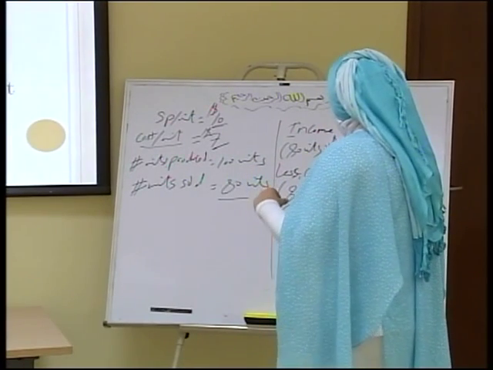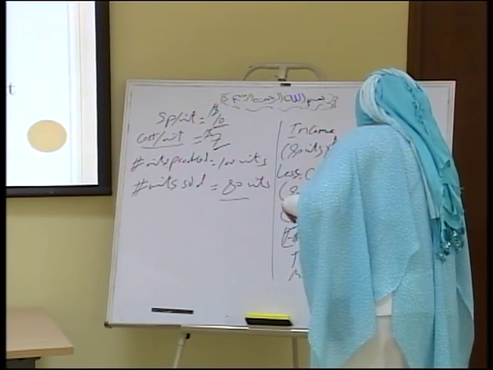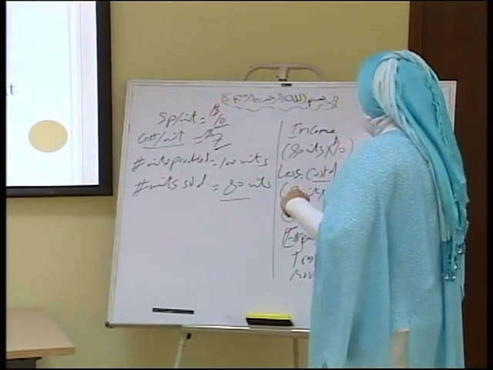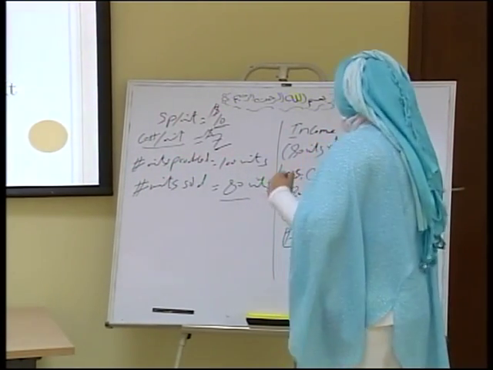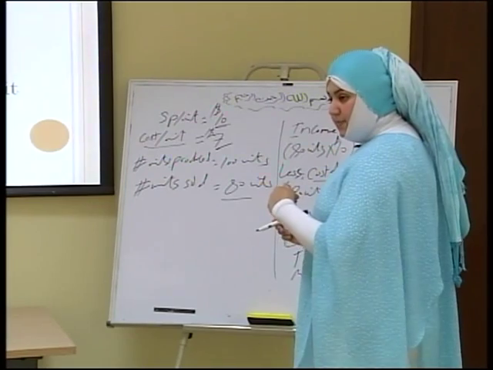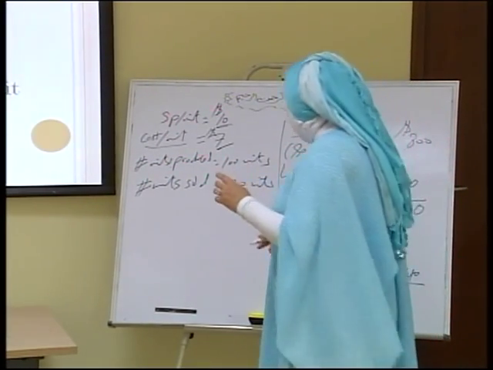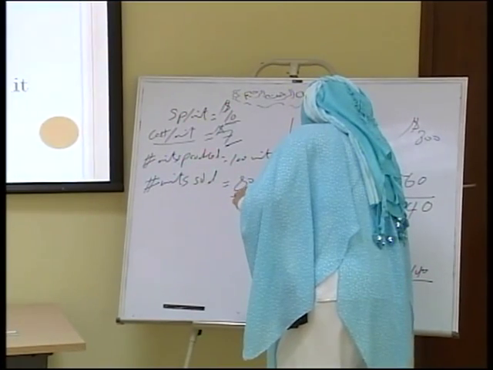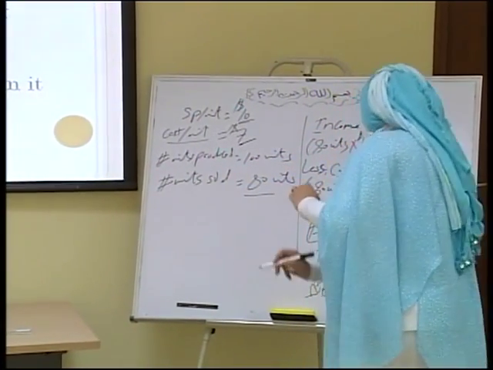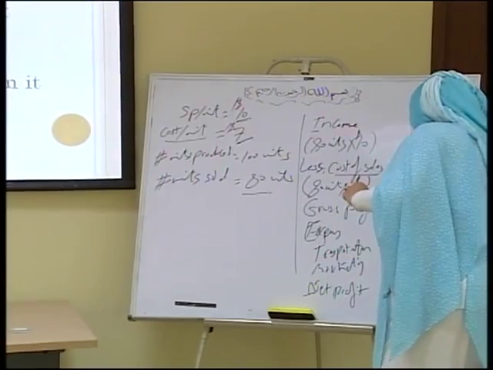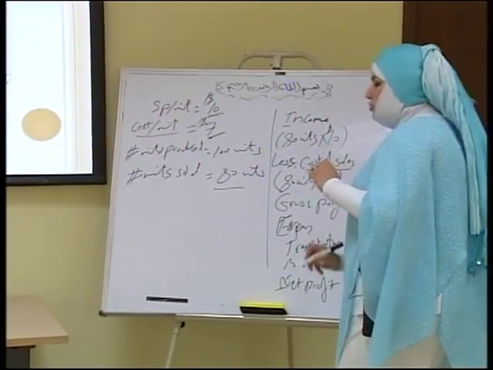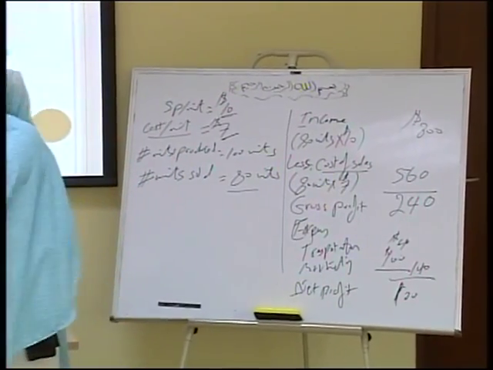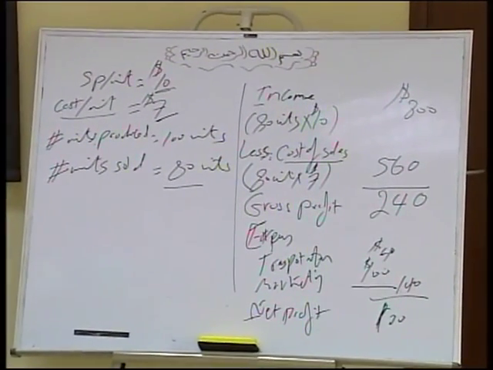So it's 140. 240 minus 140 to get the net profit. Net profit is how much? $100. Net profit purely to the owner or owners of the company.